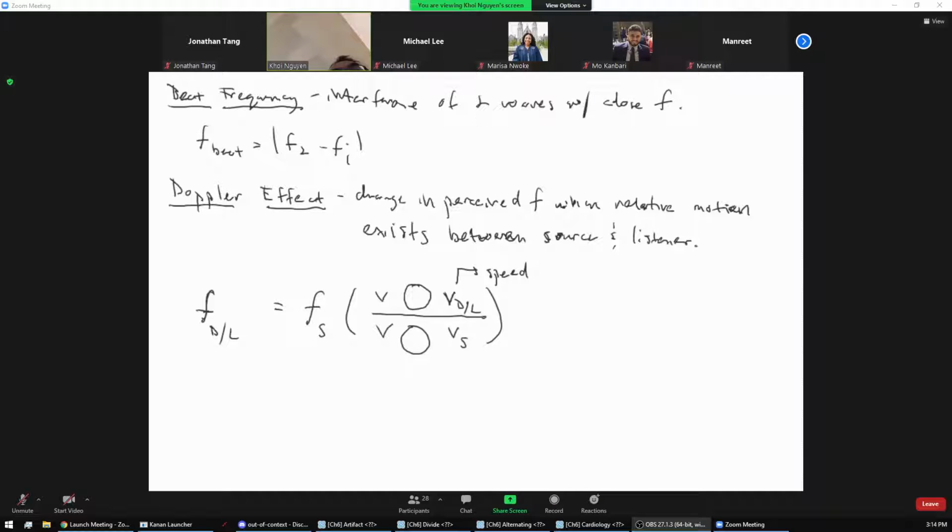So this is the speed of the listener or detector. Vs is the speed of the source. V is the speed of sound.